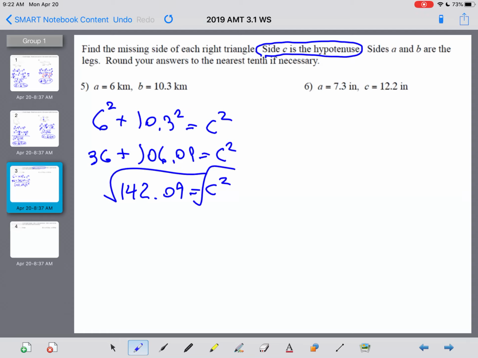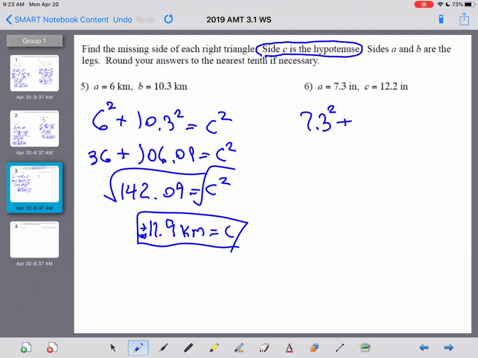So now on our calculator here, type in the square root and then your number, and I get 11 point, they want us to round to the tenth, so 11.9 kilometers. And again, normally that would be plus or minus, but I just want the plus here. So here, 7.3 squared.